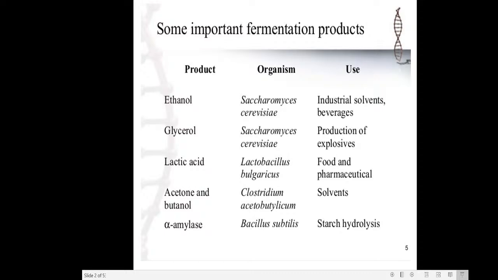Continuous cultivation means that if the microbe produces the product through an extracellular protein, that extracellular protein utilizes the substrate and produces the product in the medium. So we can take the medium out to the next step and add another medium. It is a continuous process. These are some important things in the fermentation process.